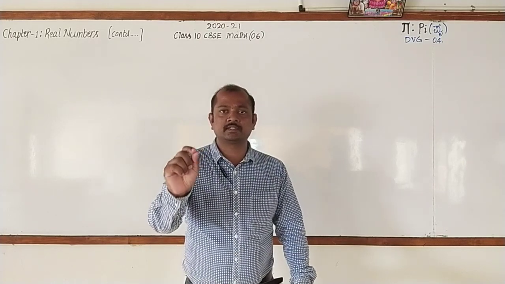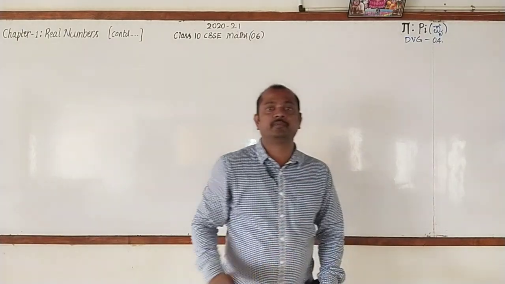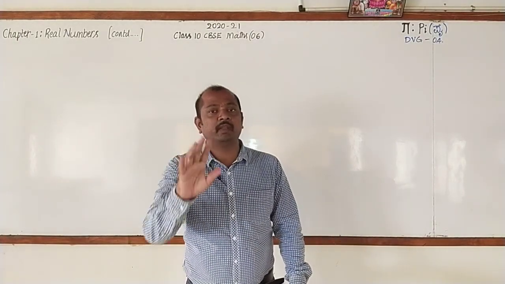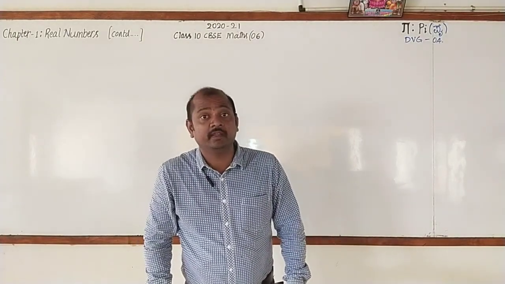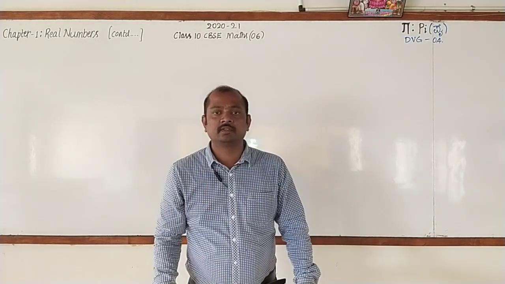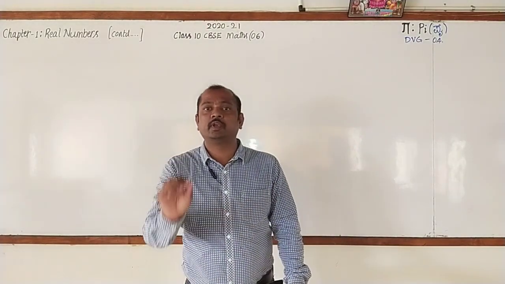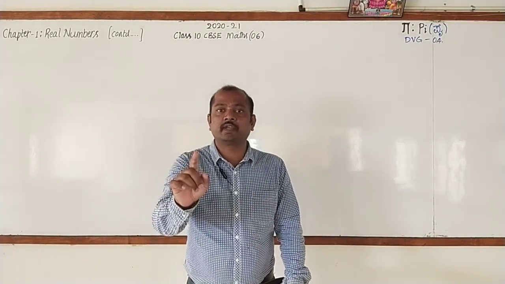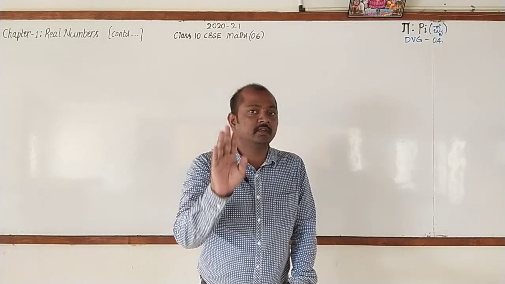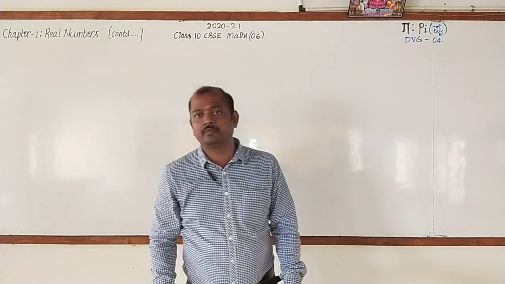The very first case is a raised to the power n ends with 0 if and only if the prime factorization of a contains both 2 and 5. Second case, a raised to the power n does not end with 0 if and only if the prime factorization of a does not contain either 2 or 5 or both 2 and 5.